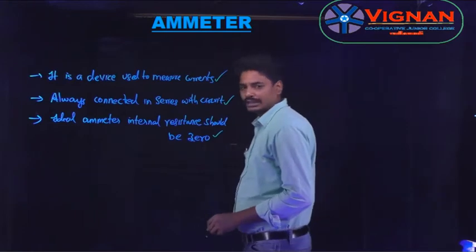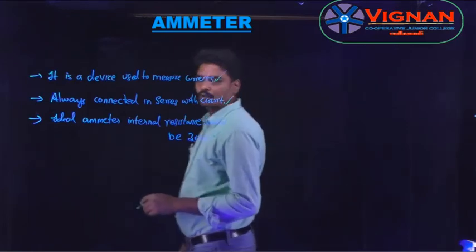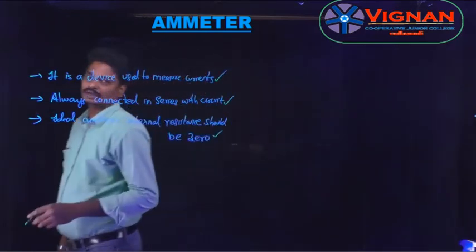Now, how can we convert the moving coil galvanometer to an ammeter?